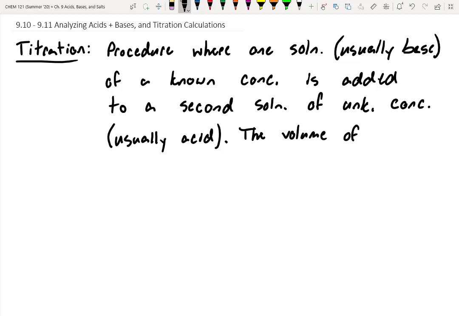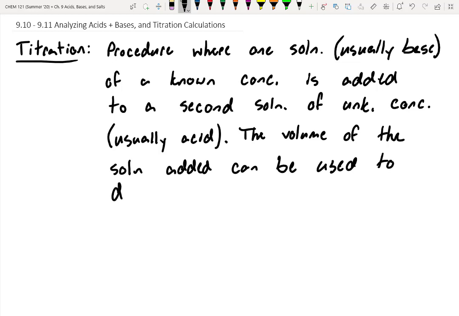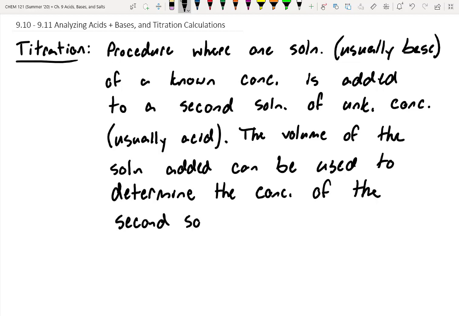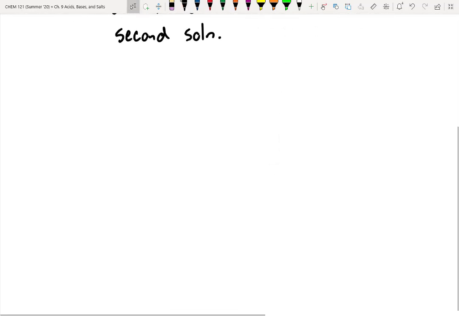So the volume of the solution added can be measured, and it can be used to determine the concentration of the second solution. All right, so I know this is a really long definition, but let's see what this looks like in practice, because it makes a lot more sense when you actually see it performed.